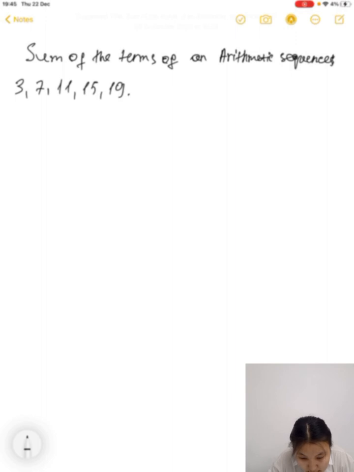To write this in a more formal way, let us use S sub n to denote the sum of the first n terms. S sub n is equal to a sub 1 plus a sub 2 plus and so on, plus a sub n.